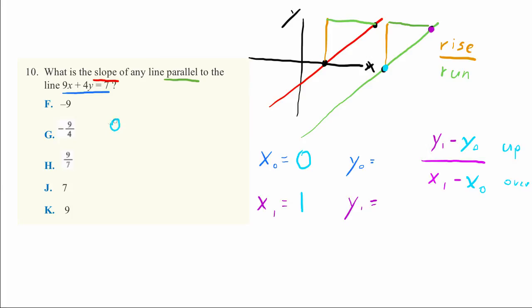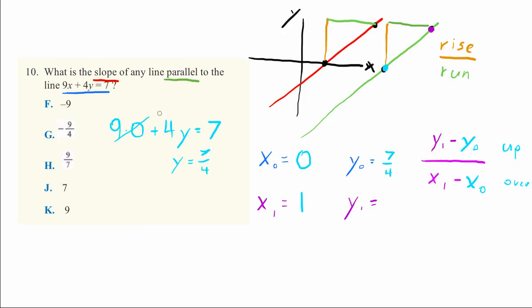Well, that's 9 times 0, plus 4 times y, which we're trying to solve for, is equal to 7. The 9 times 0 becomes 0. And if we divide each side by 4, we have y is equal to 7 divided by 4. So that's the number that we want over here, 7 divided by 4.